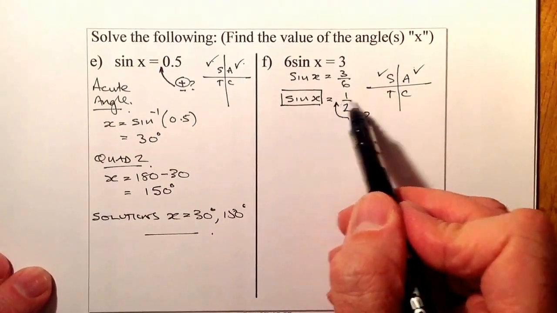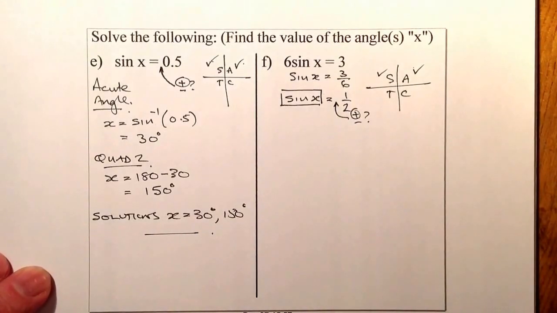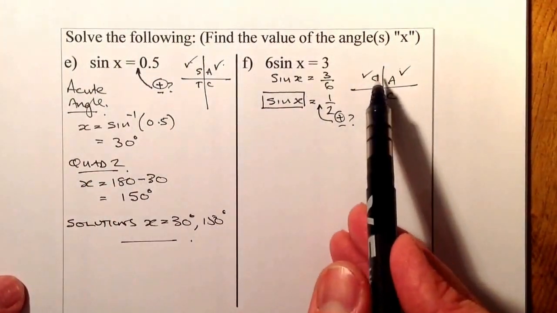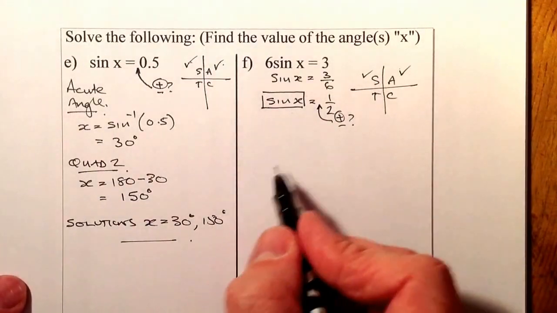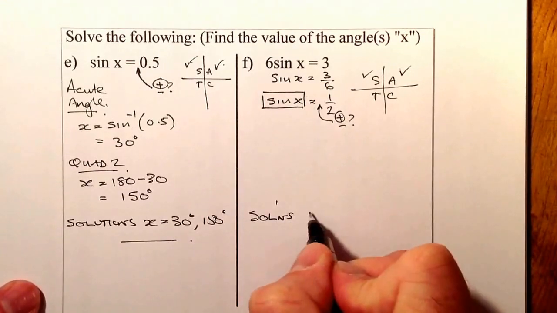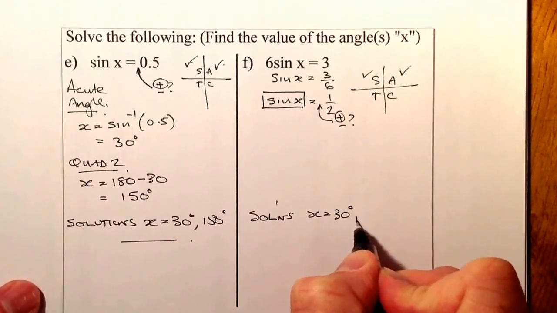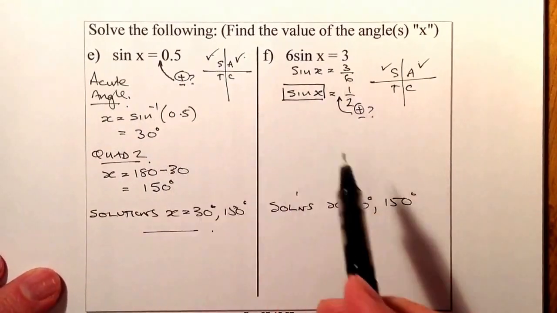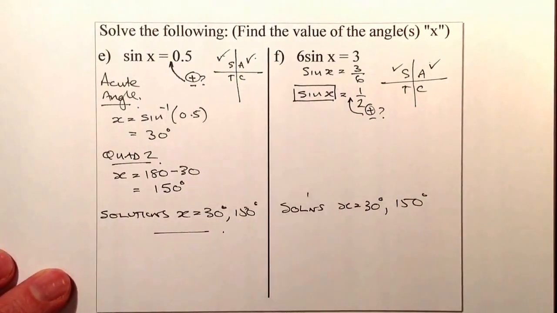If it was a negative value, it would be in there. I'd be looking for the two solutions. So I know that the acute angle is 30 degrees. I had a quadrant 2 angle, 150. So without having to do the work again, my solutions are going to be x equals 30 degrees and 150 degrees. So it's just the exact same thing. So just try to simplify the equation down.